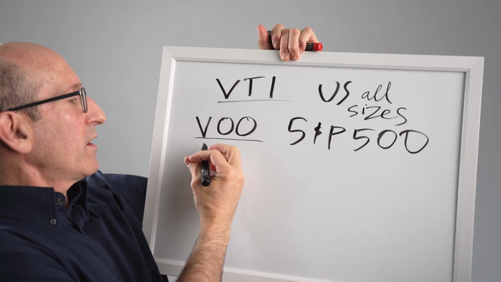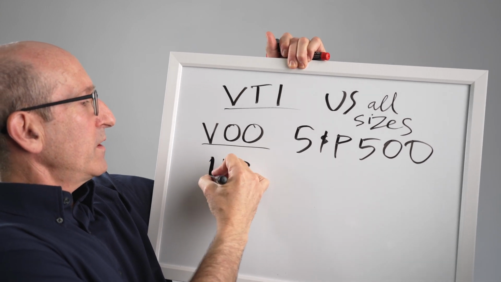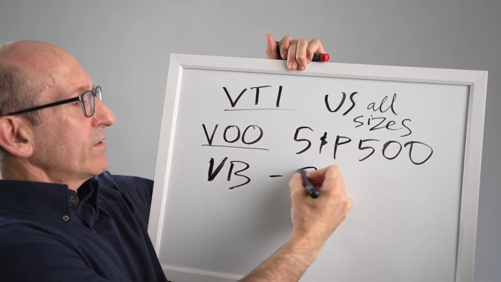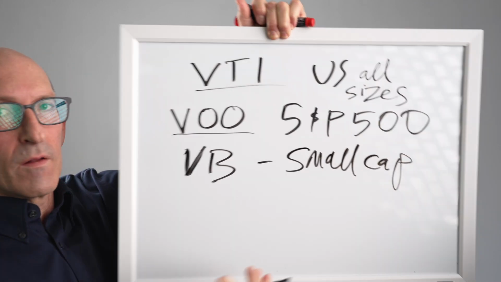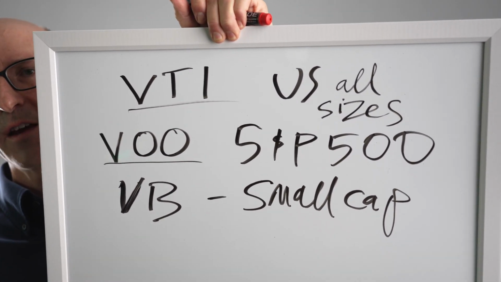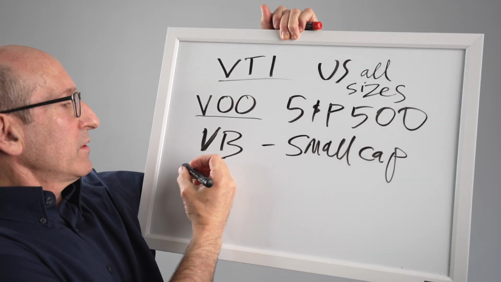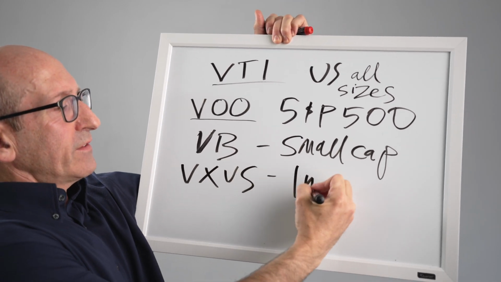Then the next one we covered was VB, and that is small cap. So those are all of those small companies based in the United States. Then we looked at VXUS, and that is international.